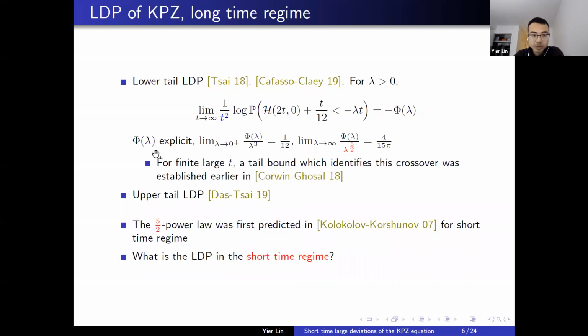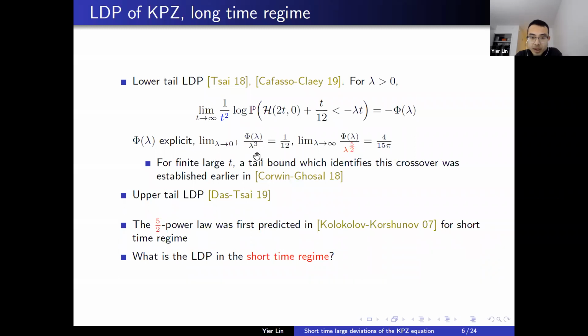The rate function turns out to be explicit, though I do not show it here. But the interesting phenomenon is when you look at the asymptotics of the rate function: when lambda goes to 0, the rate function will behave asymptotically as 1/12 lambda cubed. On the other hand, if you let lambda go to infinity, the asymptotic of the rate function will become 4/15 pi lambda to the power 5/2.